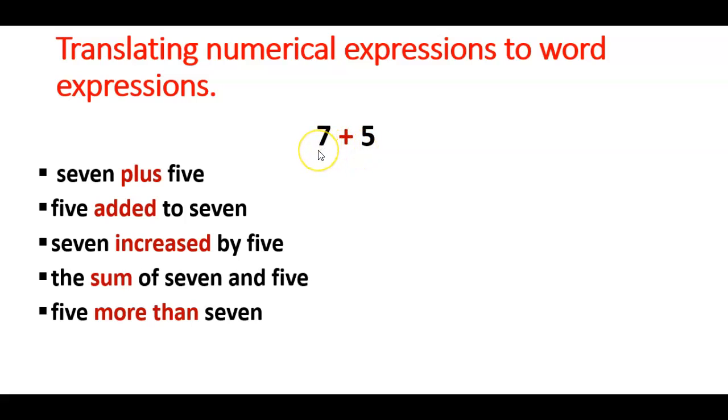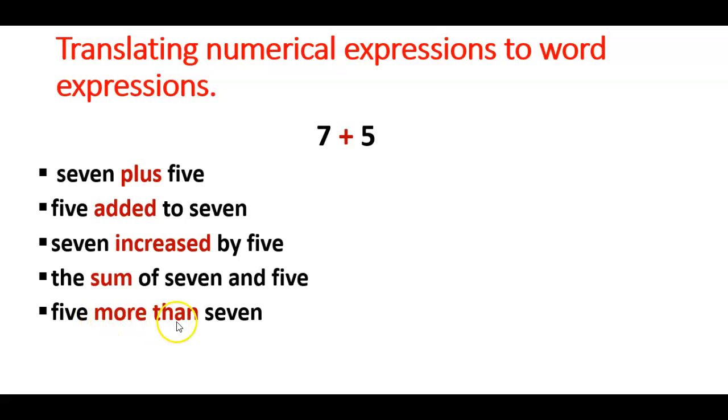You may use the given order of numbers, or you may flip it, or change the order. So the sum of 7 and 5, or the sum of 5 and 7. It doesn't matter if you use the original arrangement or you flip it, as long as the word sum or total is used.